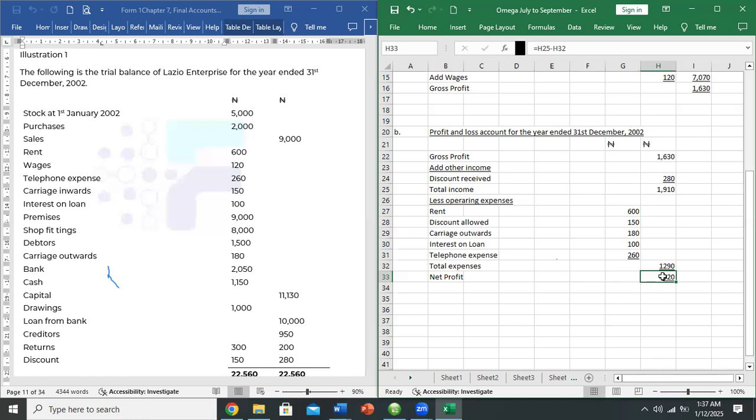Okay. Professors, any question? Please, you said premises is an... Premises, is that an expense or an asset? It's a fixed asset. Premises, an office premise. So it's more or less like a building, or maybe a container which is used as an office building. So premises is a building, a fixed asset.